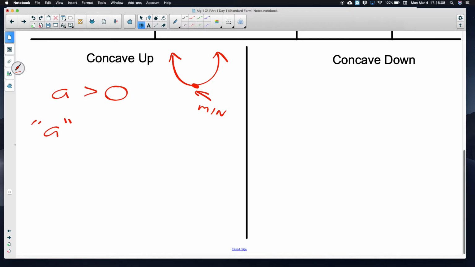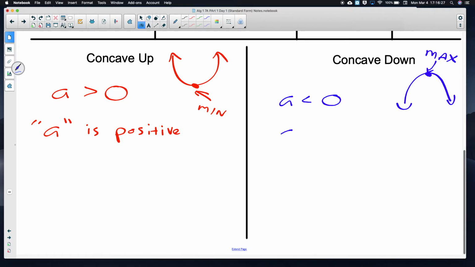So if your a value on your standard form quadratic is positive, then you're going to open up. Conversely, if I'm opening down and my vertex is a maximum, then my a value has to be less than 0, or my a is negative. So just by looking at the a value, I can determine whether it opens up or down, and whether my vertex is a minimum or a maximum.